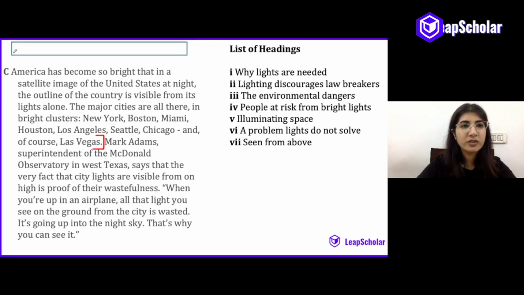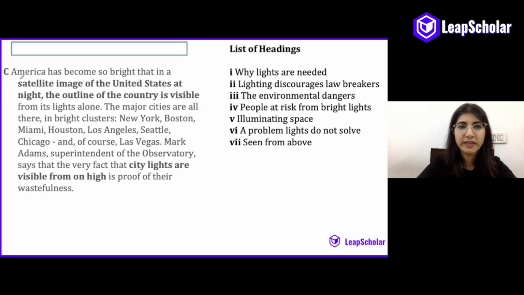All right, let's focus on the first two sentences. America has become so bright that in a satellite image of the United States at night, the outline of the country is visible from its lights alone. The second sentence: the major cities are all there in bright clusters: New York, Boston, Miami, Houston, LA, Seattle, Chicago, and of course, Las Vegas.